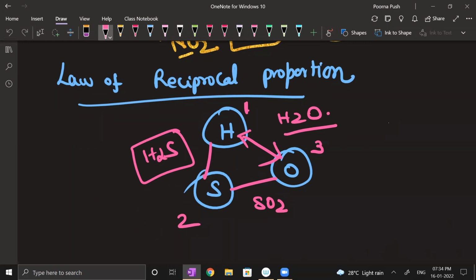Understood? Write it like this: the first element will combine with the third element; similarly, the second element and the third element will combine to form a compound; if so, the first and the second element will combine to form a compound.